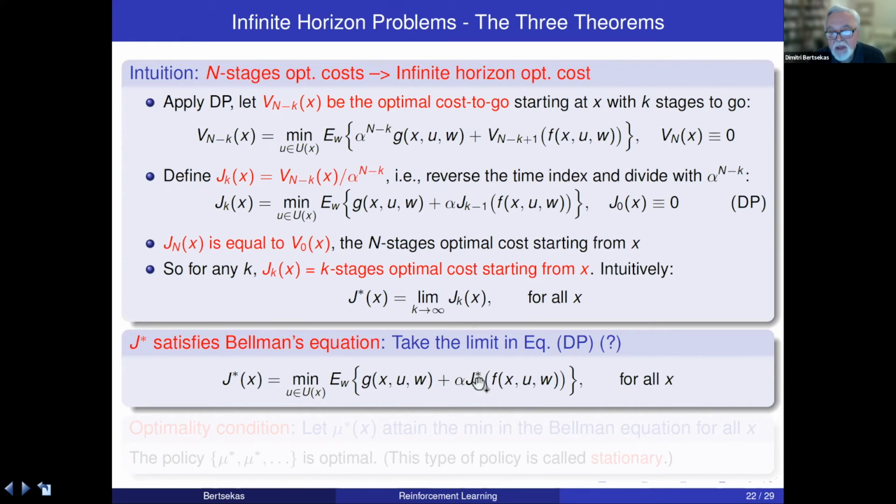Notice that alpha came here through this calculation. And basically, there's an intuition that you can use to understand what this equation says. It says that if you are at state x, the optimal cost from that x with optimal choice of policy should be the minimum of going through the first stage, paying the corresponding cost, and then adding the optimal cost of the remaining stages from the state where you land, but also discounted, because with every stage there's discounting of alpha.